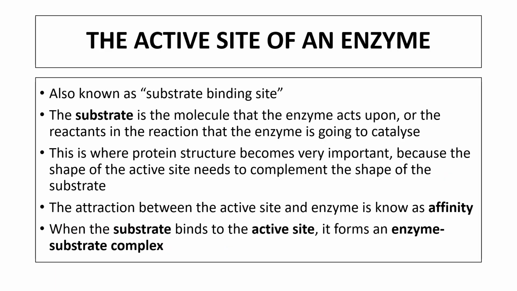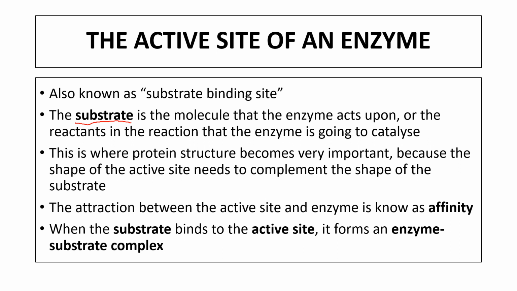So the active site of an enzyme is also called a substrate binding site. This is because what goes in there is called a substrate. So a substrate is just a fancy word for any molecule that an enzyme is acting on. It could be a sugar, a fat, a protein. It could be pretty much anything, but it's called a substrate is what goes into the active site. As we said, the structure of the protein is super important because this really specific shape of the active site needs to be complementary to the shape of whatever the substrate is.